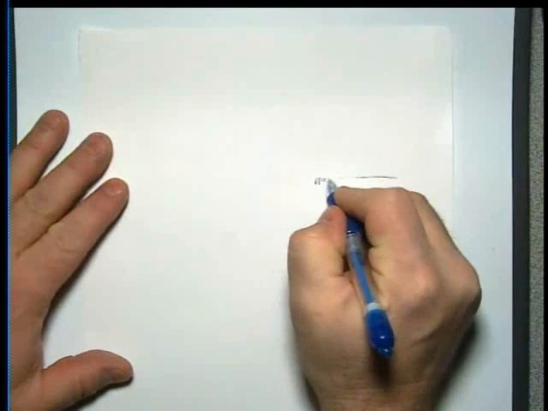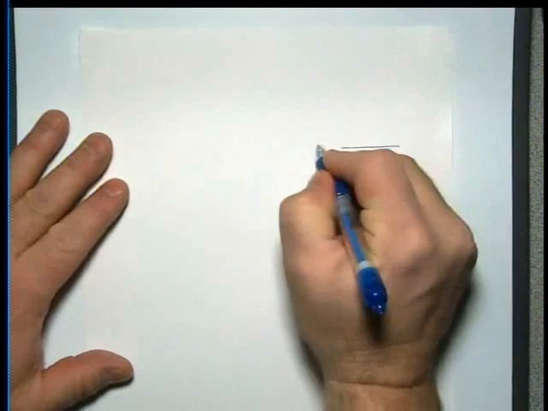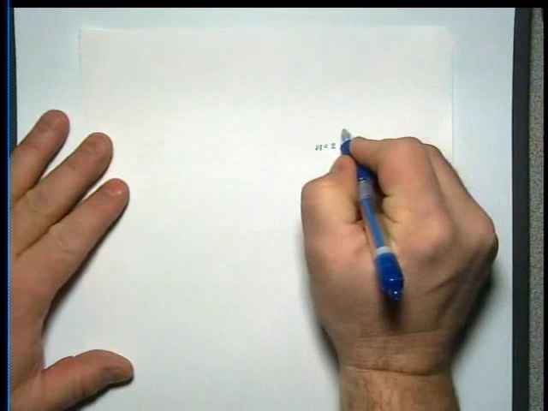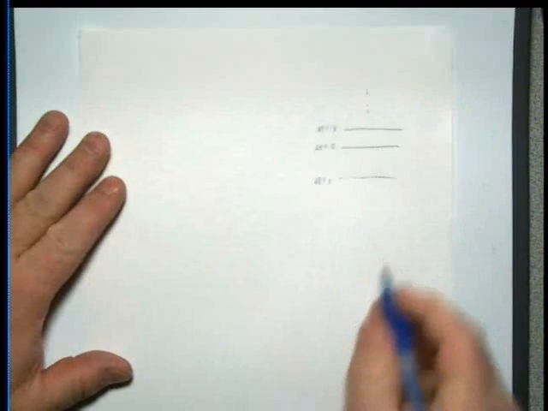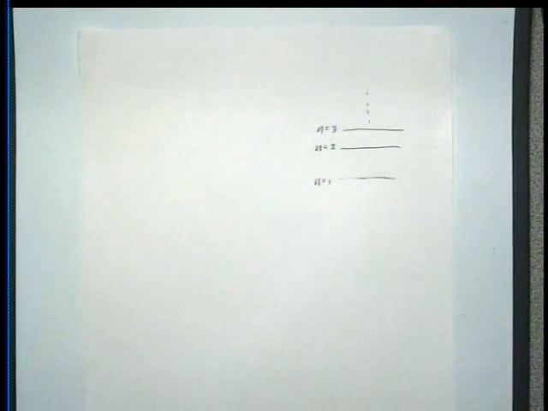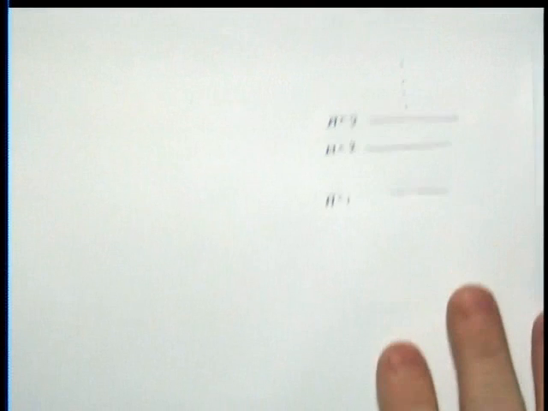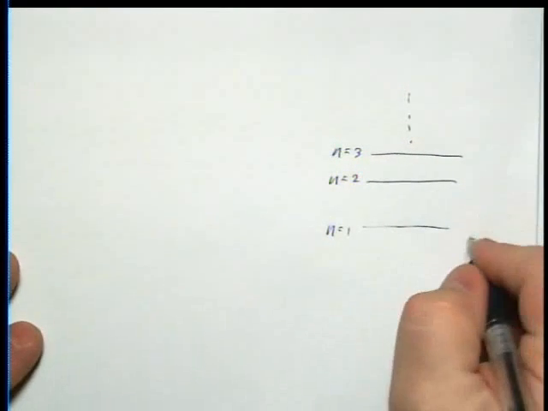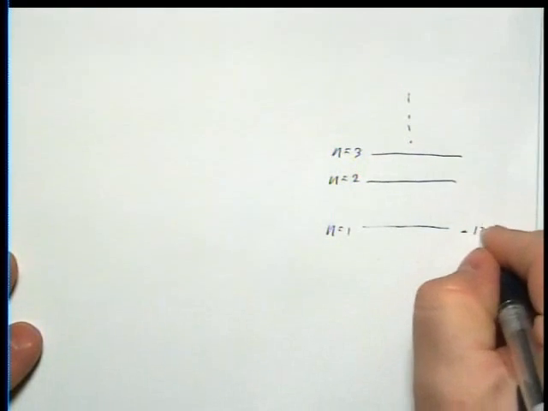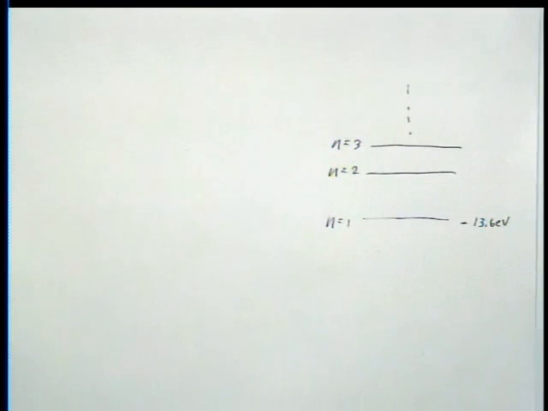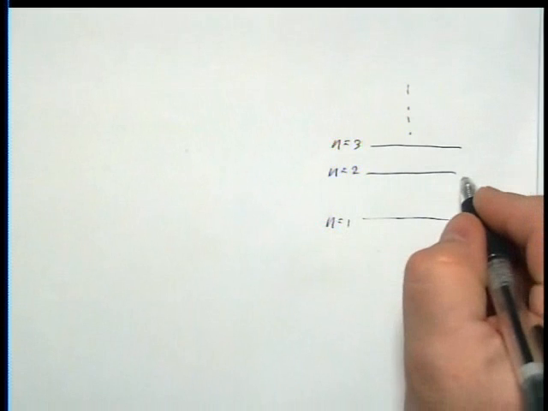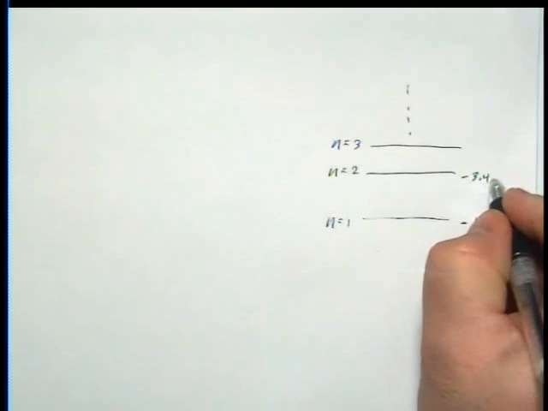So we have the n equal 1 level, n equal 2 level, n equal 3 level, and this value is minus 13.6 electron volts if it's hydrogen. If it's not hydrogen, then you've got a Z squared to multiply it by. And then it goes down and so forth. Over here this is minus 3.4 and so forth.